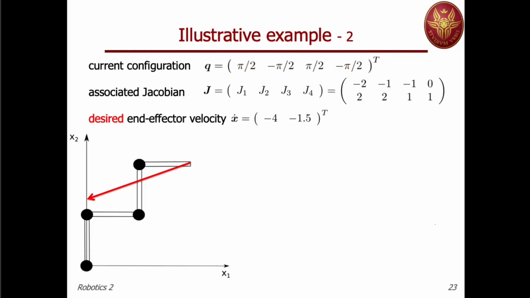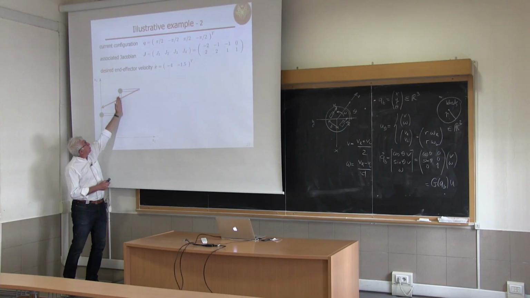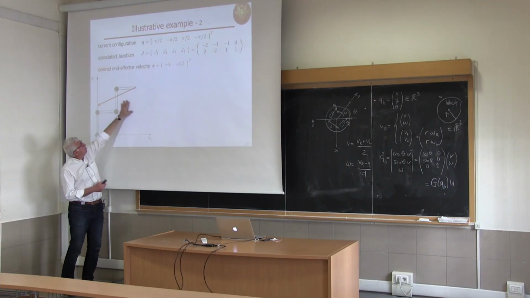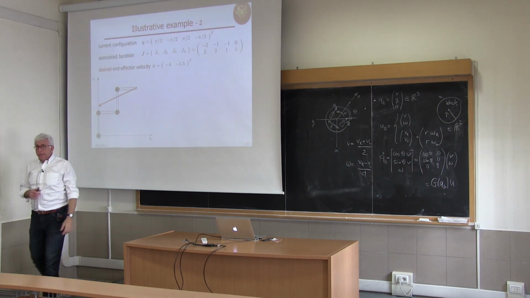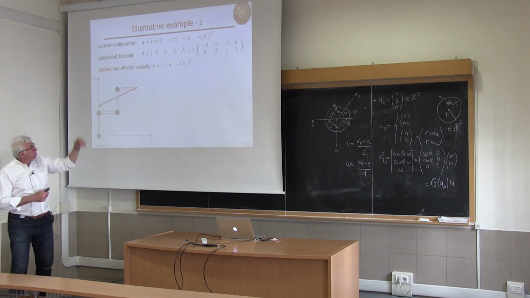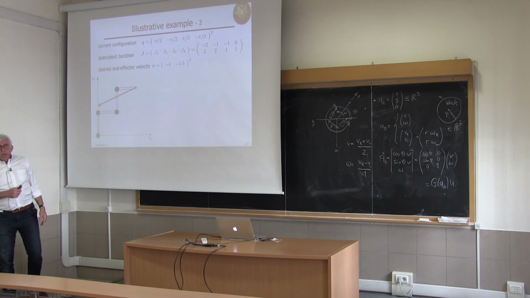So let's put the robot in a special configuration, one where we can do easy computation. This is just an exemplification of how the method works. So the configuration is the one given above, pi over 2, minus pi over 2, pi over 2, minus pi over 2. So this is the configuration. In this configuration, we evaluate the Jacobian, so it becomes a matrix of numbers, 2 times 4.